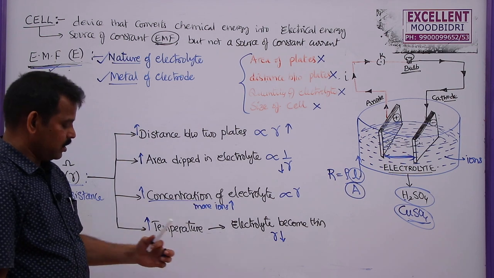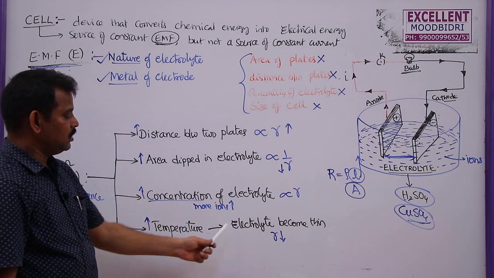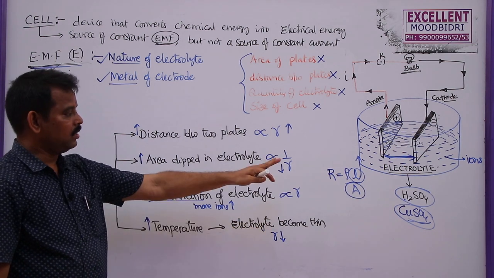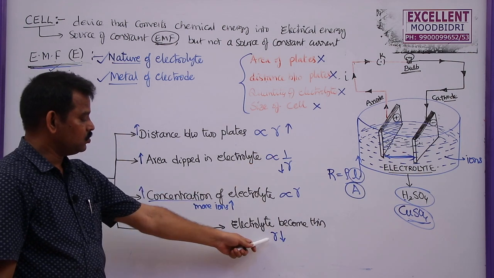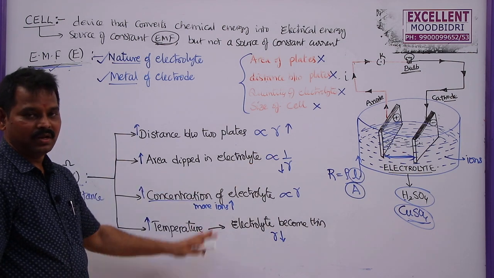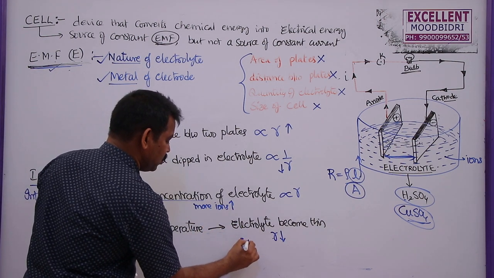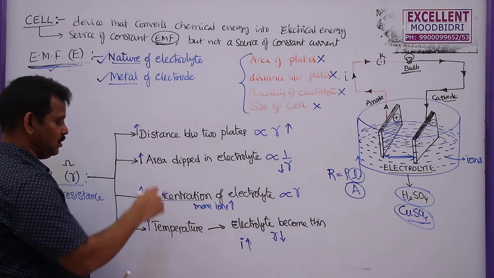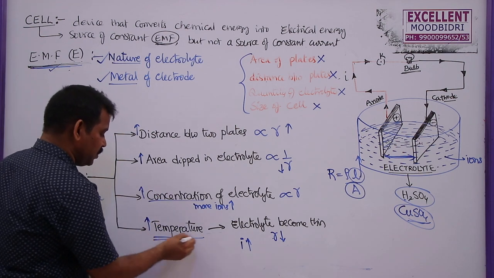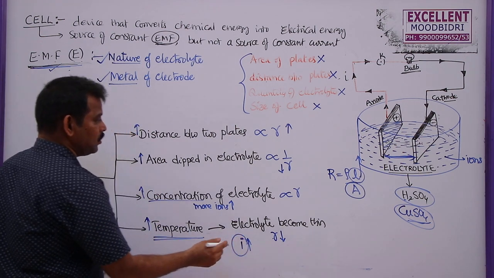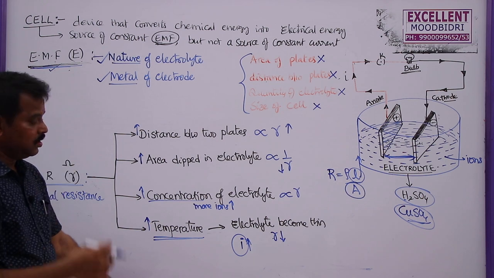The ions can move freely, so this internal resistance will decrease. Whenever this resistance decreases, more current will flow through the cell. So if you increase the temperature, the amount of current through a circuit will increase.